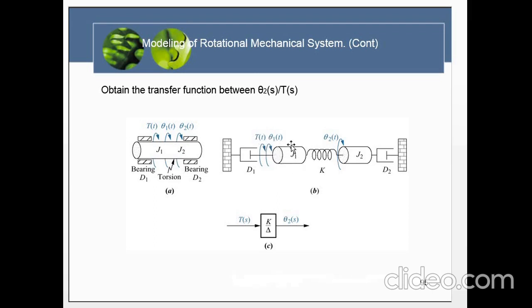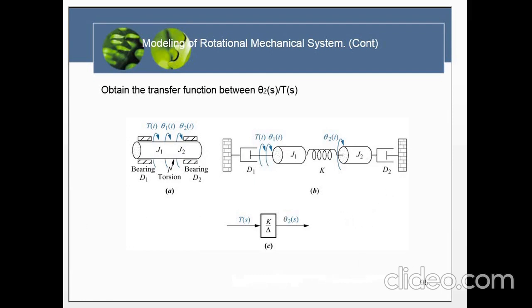It is J, the moment of inertia for the first part, and between them there is a spring with constant K, and theta 2 is the displacement of J2. Although here there is D2, the damping phenomenon in J2, the effect of the bearing.